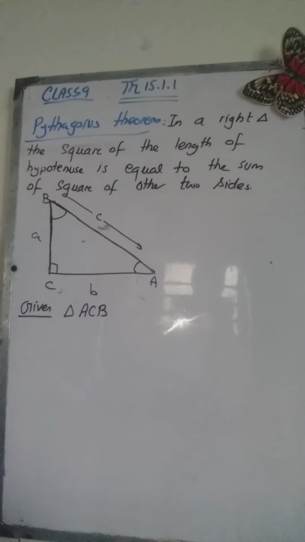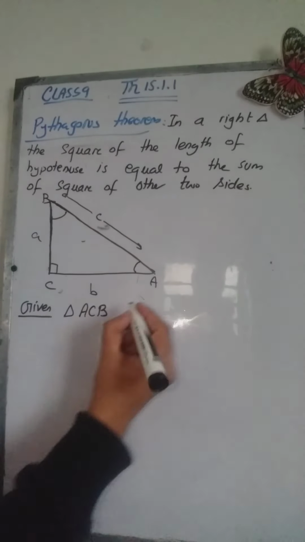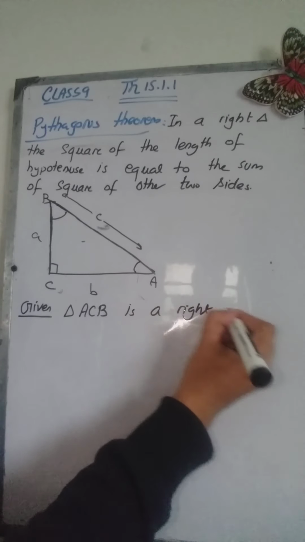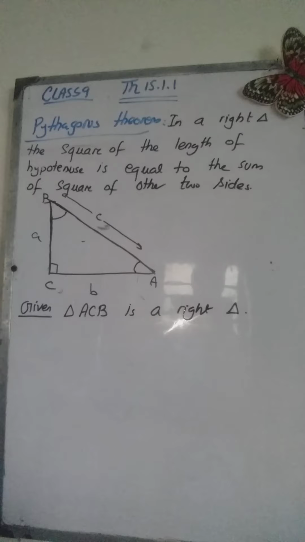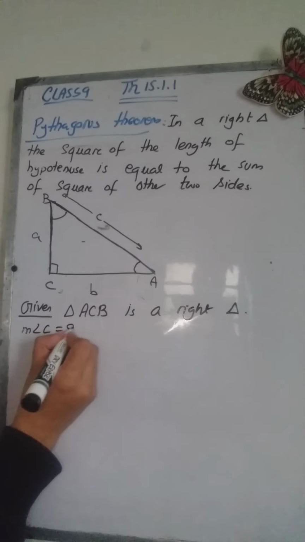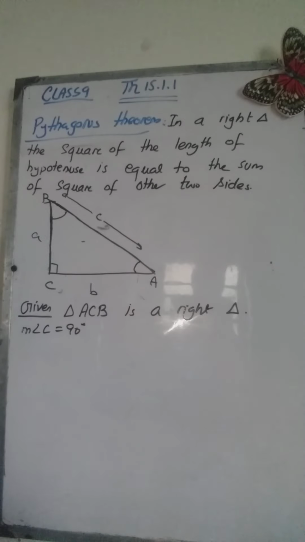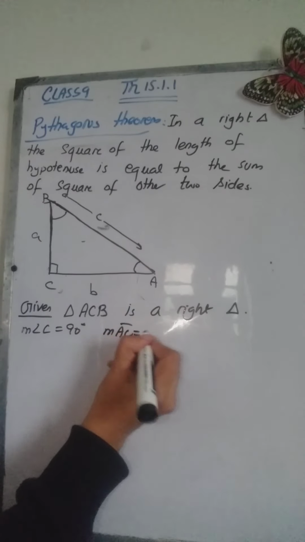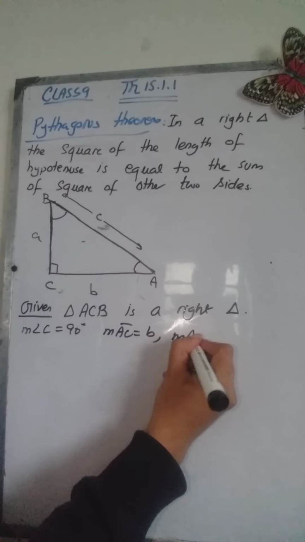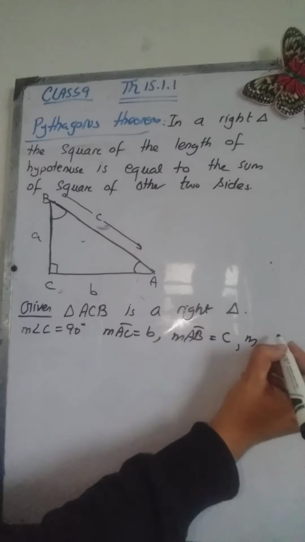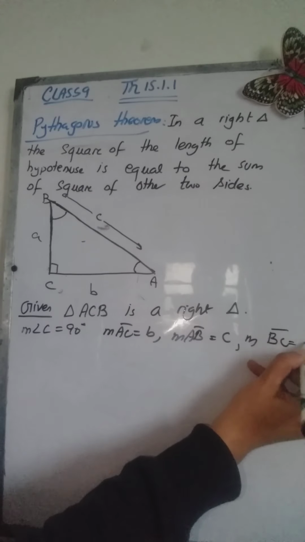So we are given triangle ACB is a right triangle, in which the measurement of angle C is equal to 90 degrees, the measurement of AC is equal to b, the measurement of AB is equal to c, and the measurement of BC is equal to a.